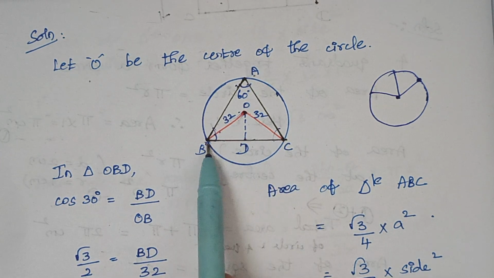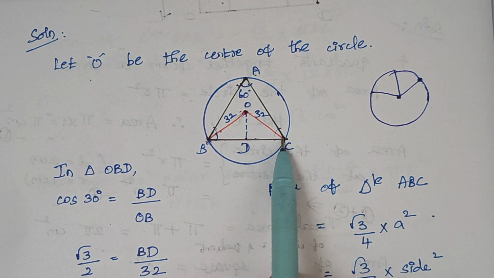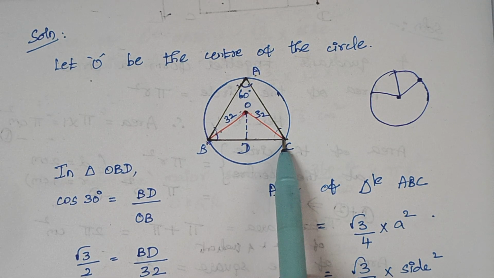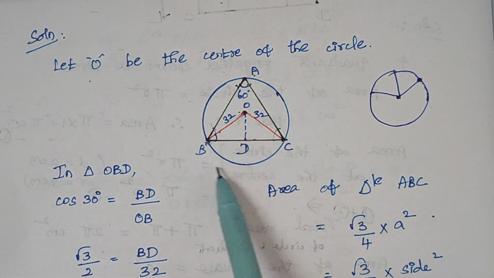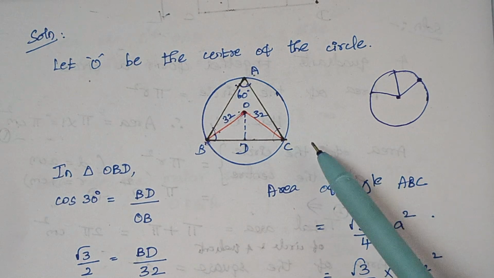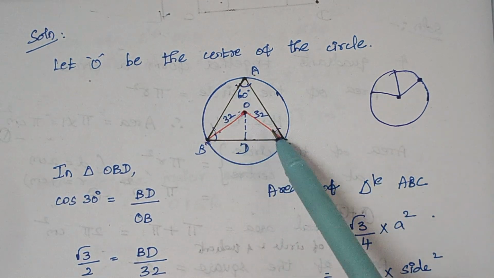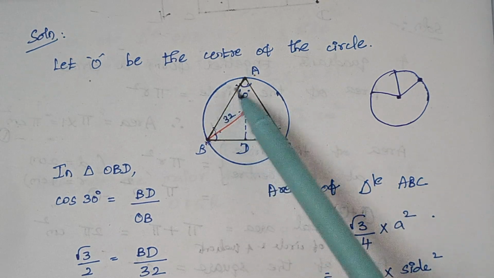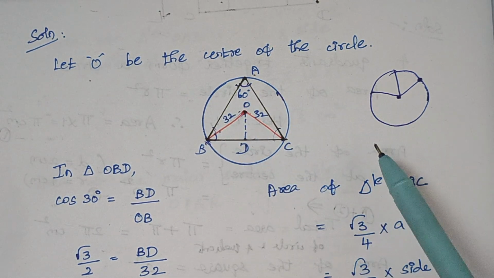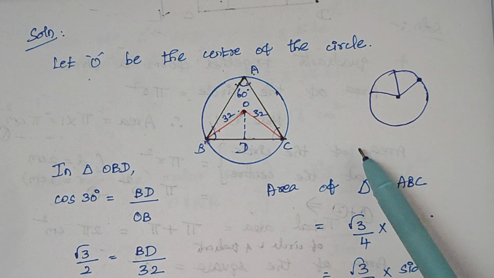Whenever the side of the triangle is calculated, automatically we can find the area of the triangle. Once you find the area, the next step is to find the area of the circle. When you subtract the area of the triangle from the area of the circle, we can find the area of the design part. Can you understand?